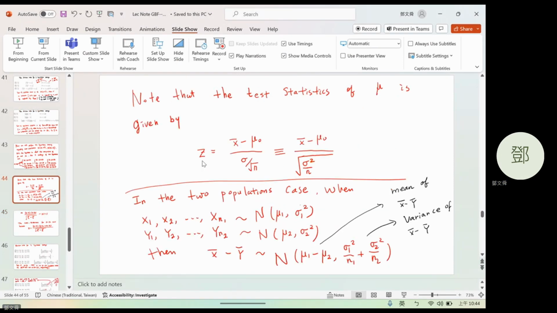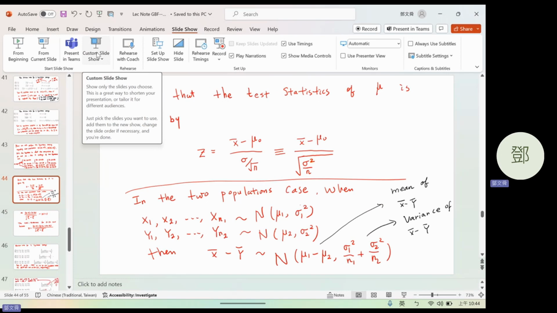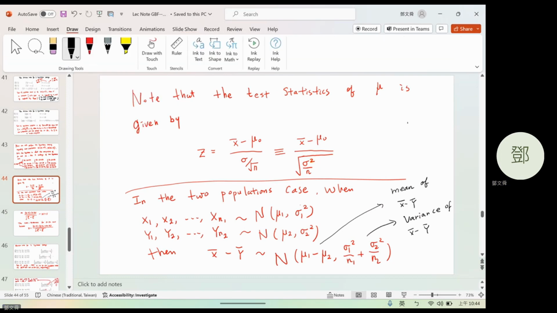This is what we write in the one population case.